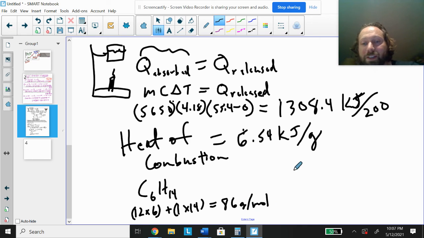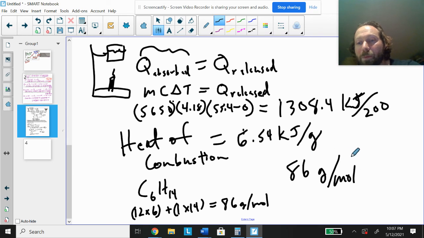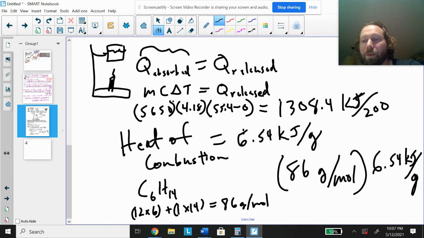We take this number, 86 grams per mole, and multiply it by 6.54 kilojoules per gram. Notice that we have grams on top and grams on the bottom.